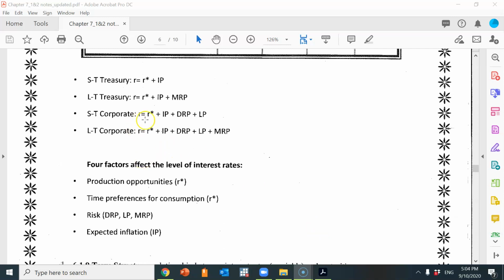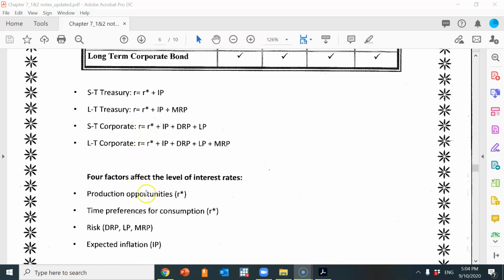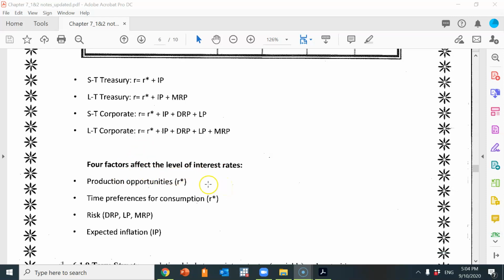Okay, all these premiums also represent the factors that affect the level of interest rates. The R star, real risk-free rate, actually represents production opportunities and time preferences for consumption.